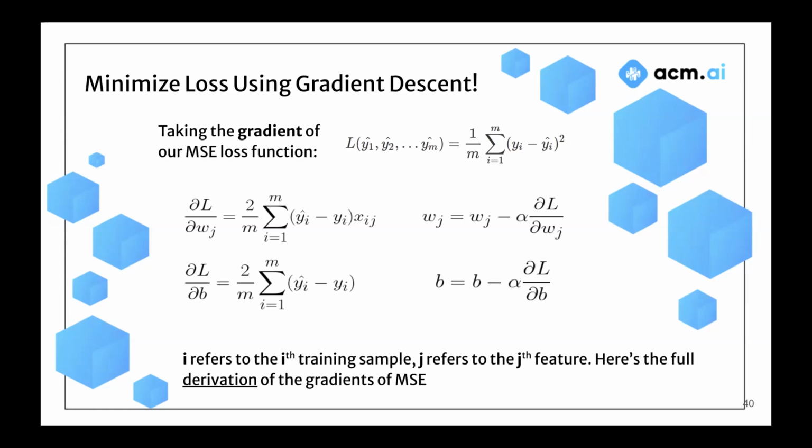When we take the partial derivative of a summation, we can just put that inside, so the sum from 1 to m. That is what we need to calculate now.